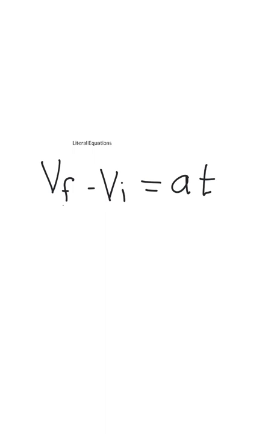So I subtracted VI from both sides, and now this is what we have. Now the next thing I want to do is divide both sides by T because I'm trying to solve for the acceleration. So now the T cancels out, and I have divide by T over here as well. Whatever you do to the right side, you have to do to the left side.